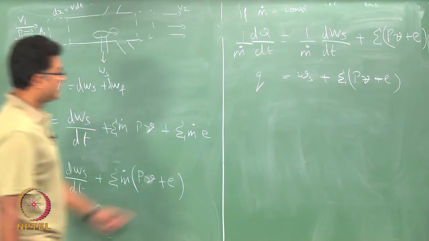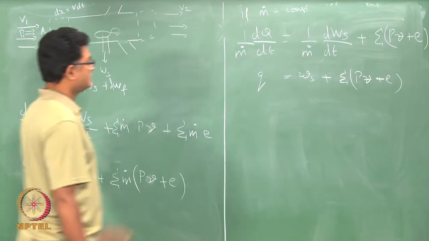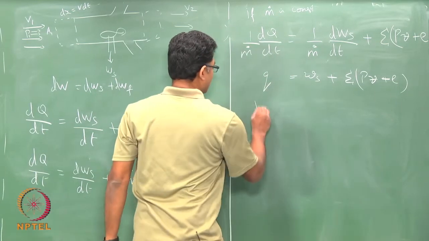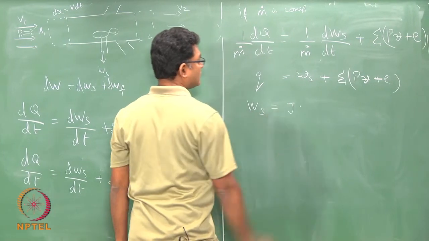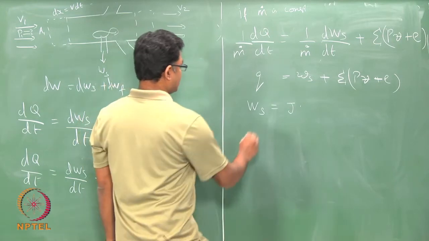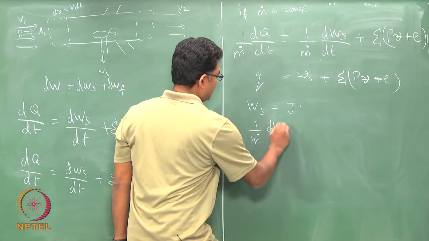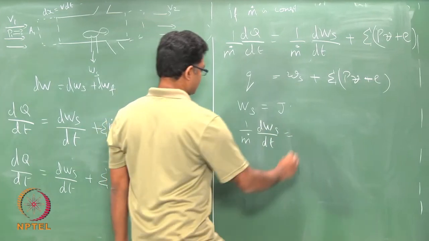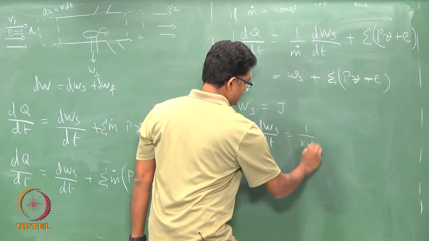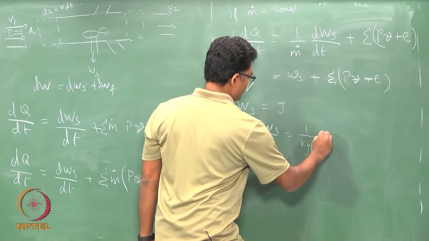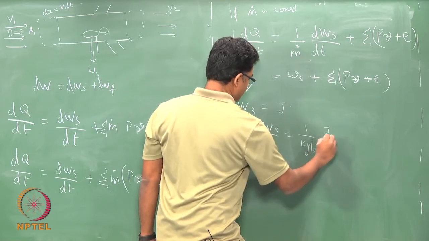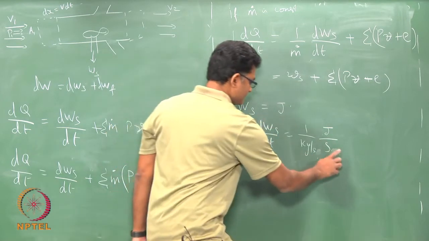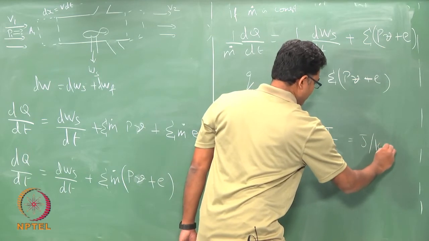So, if you look at the units of Q, what is the unit here? Ws is joule. So, your 1/m dot dWs/dt is 1 by kg per second into joule by second. So, this is joule per kg.